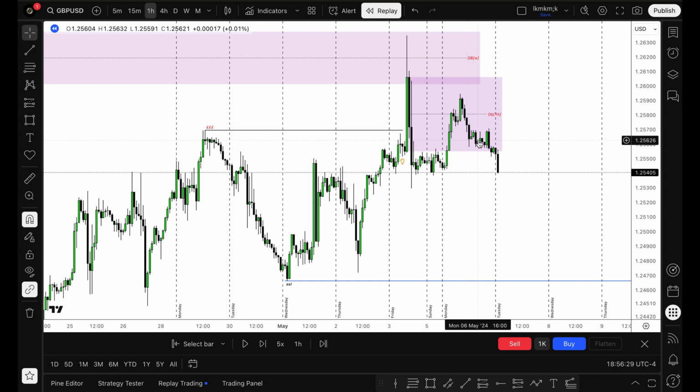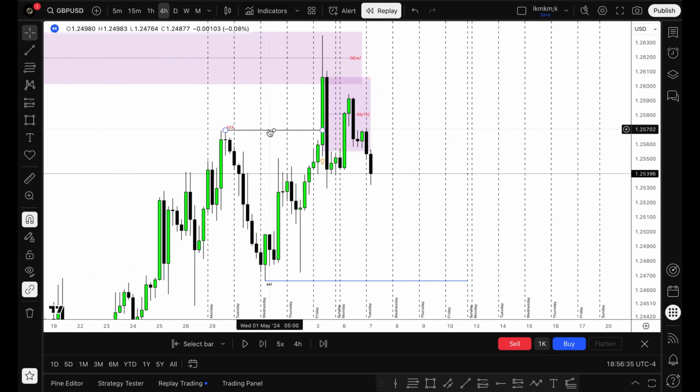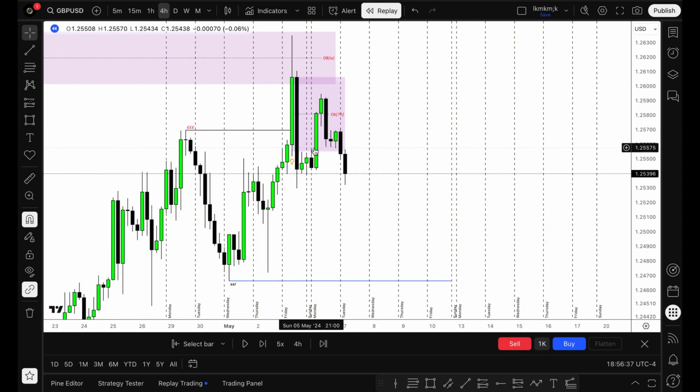So we're past the London close, so it'll be best for me to wait for the next day. And second of all, as you can see on the 4 hour, we had this displacement higher into that order block. It formed a fair value gap, so it'll be better to wait for a 4 hour close below this fair value gap, which we got during this candle.